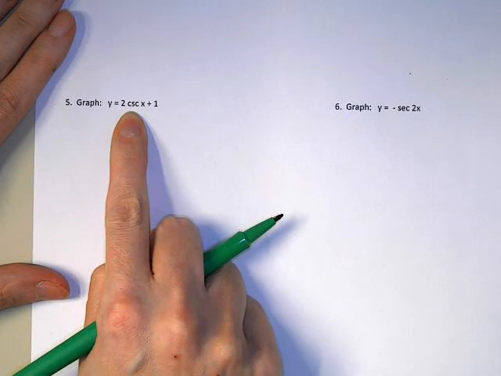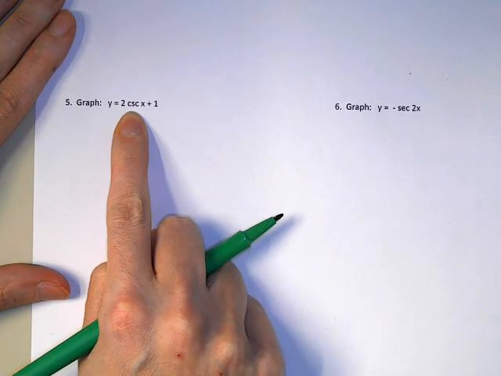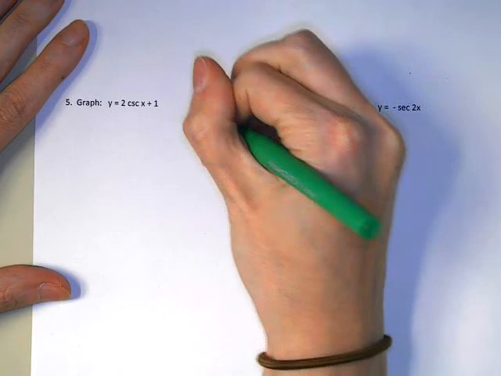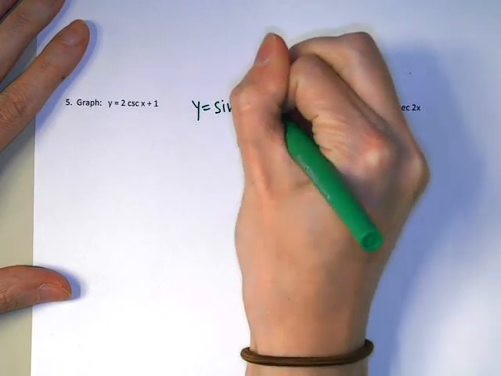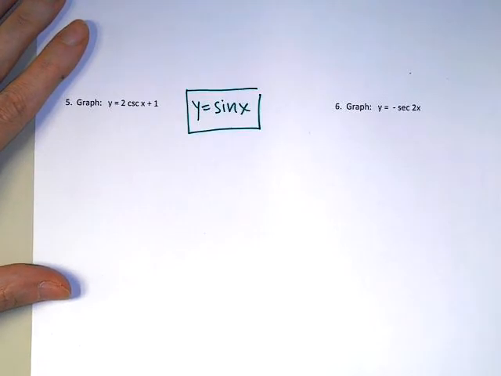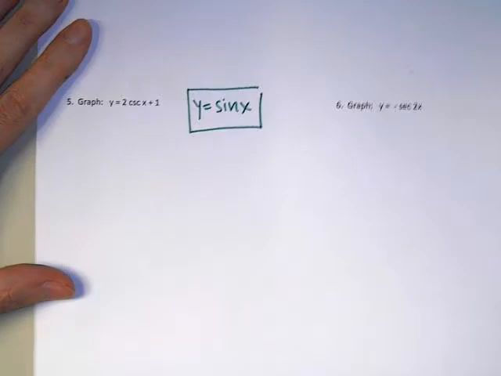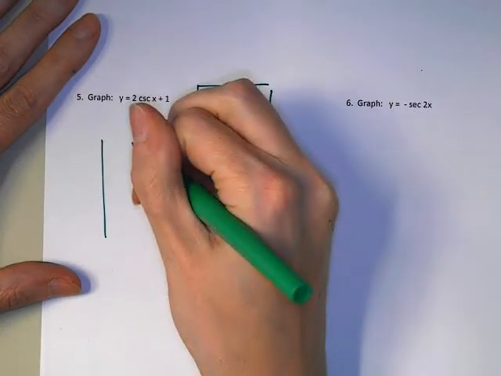So it turns out that, well, you guys know cosecant is the reciprocal of sine. So why don't we start by pretending it's just a sine graph? And let's get our key points down.